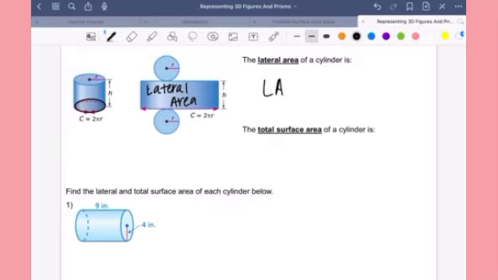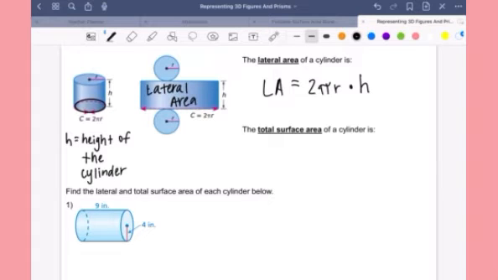Lateral area equals 2 pi r times your height, okay? The height of your prism. You want to write that somewhere. You can put that here. H equals height. I said prism, sorry. The height of the cylinder.